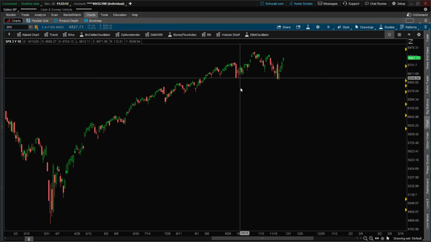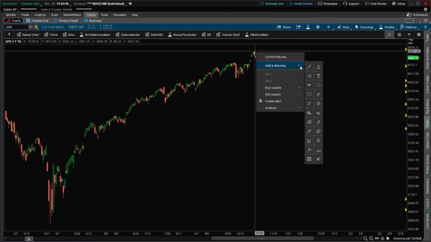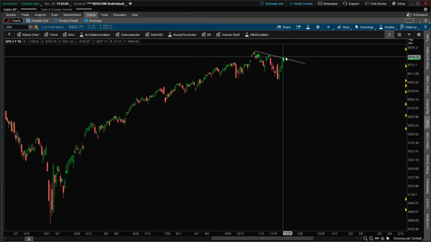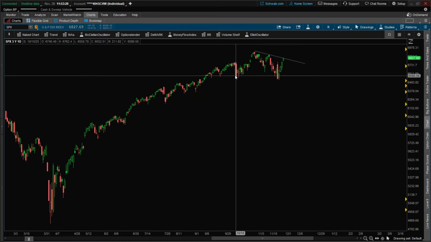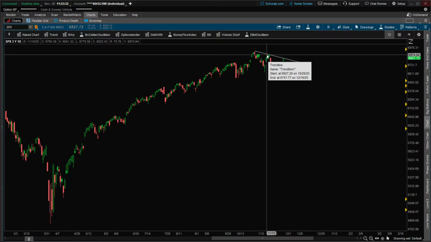So just with a naked chart here, I'm going to show you. This is why I'm doing the video right now. You have the bulls and the bears fighting it out right now. So you have your downtrend line that we're at right here. And then if we draw, let's duplicate this one.